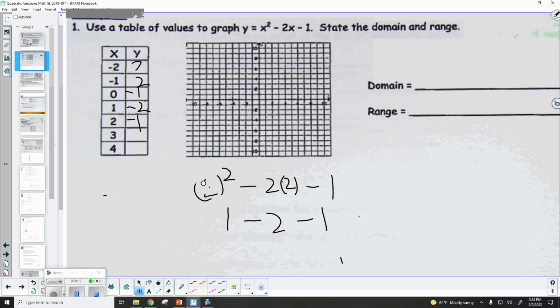Yeah, 3. So 3 squared, 9, minus 6, minus 1, that's 2. 4 squared. So 16 minus 8 is 8, minus 1, that's 7.